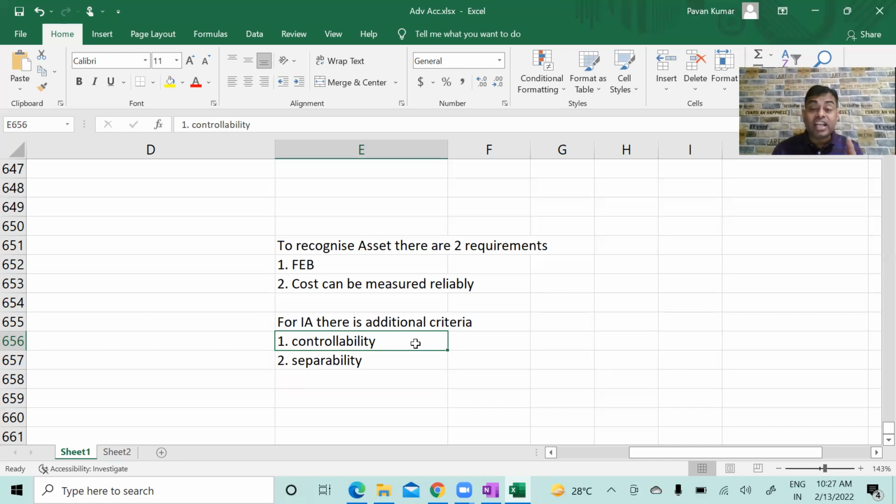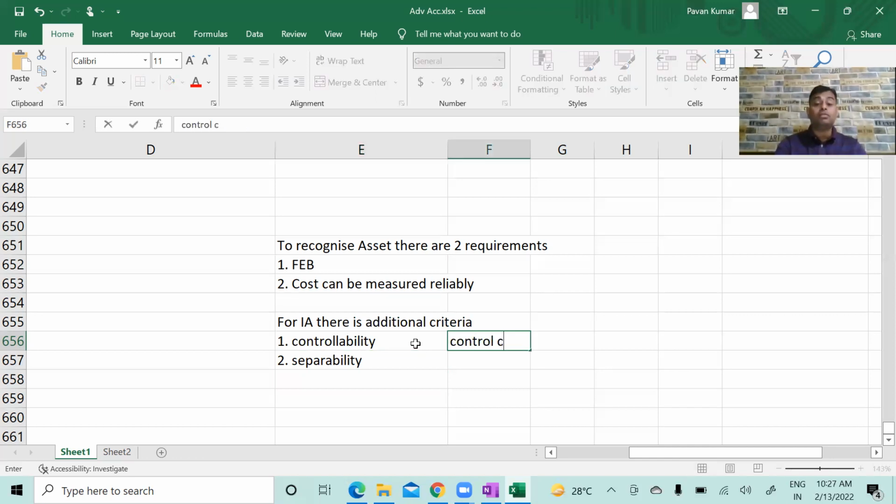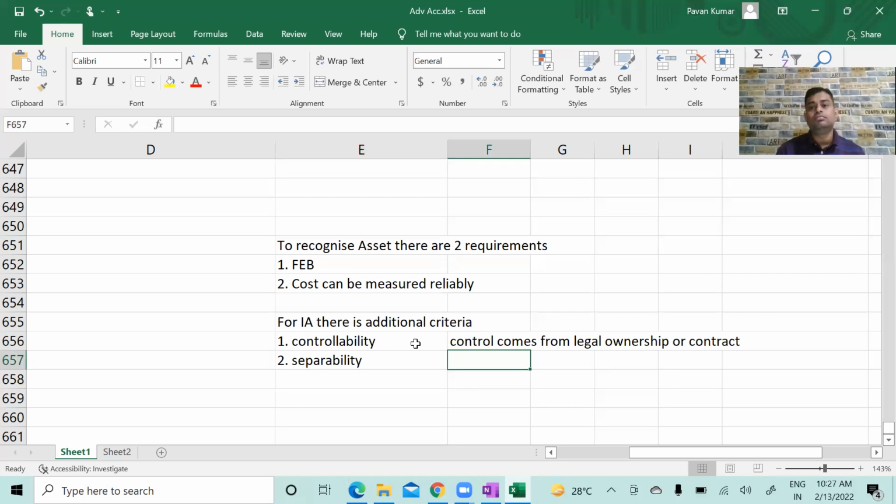So control comes either from legal ownership or from contract. I entered into a contract with you. Then I can control. For example, say I'm in Mumbai. In whole Andheri East, no one can start KFC except me, because I paid money to KFC and got the license.